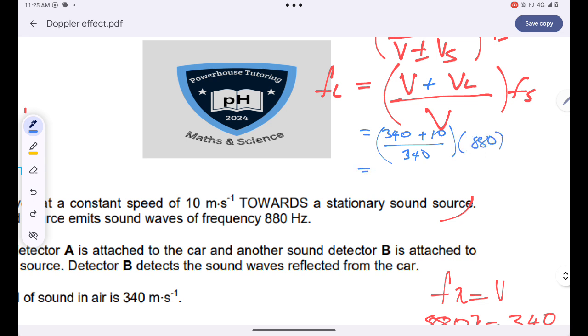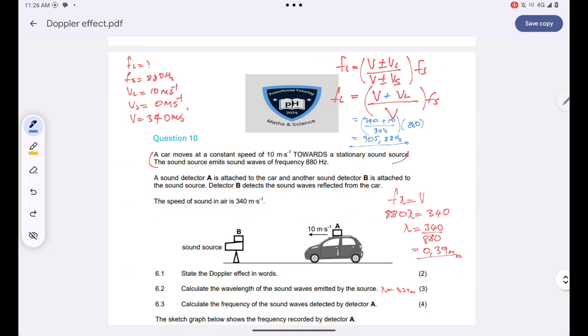I'm expecting to find a frequency which is higher than 880. Why? Because the listener is moving towards the stationary source. That's 340 plus 10 divided by 340 multiplied by 880. This will give me 905.88 hertz. Are you together?